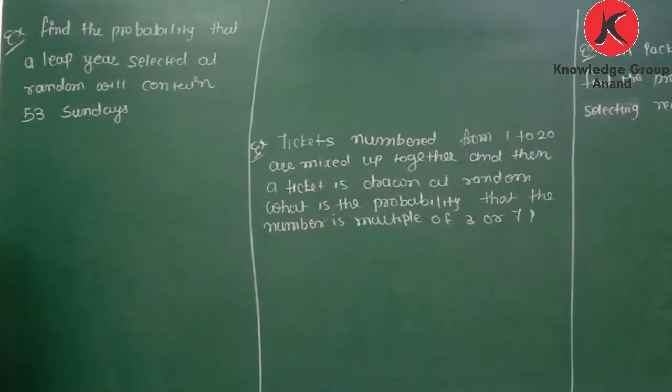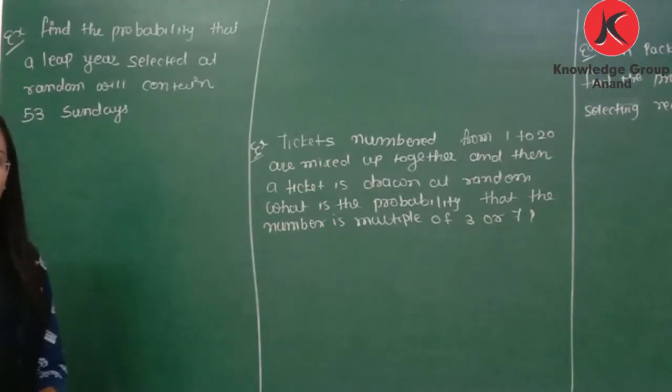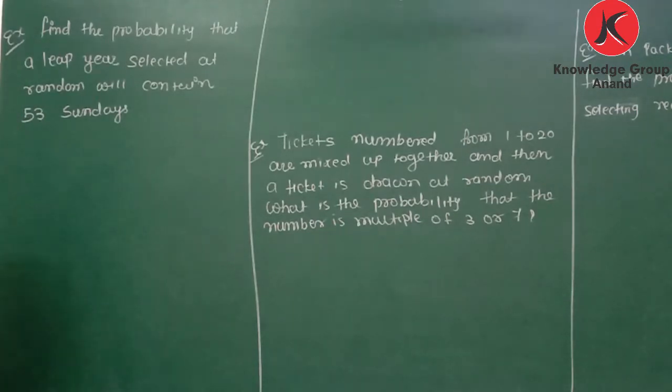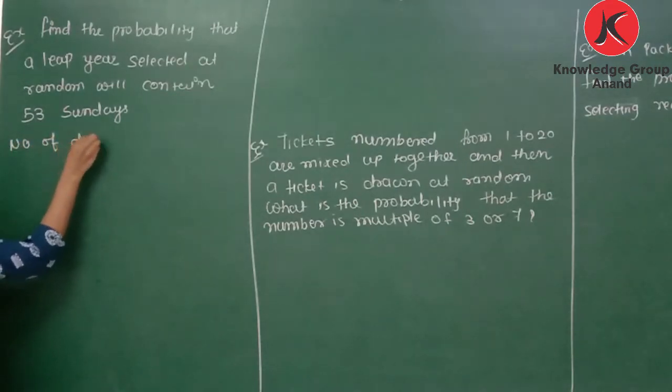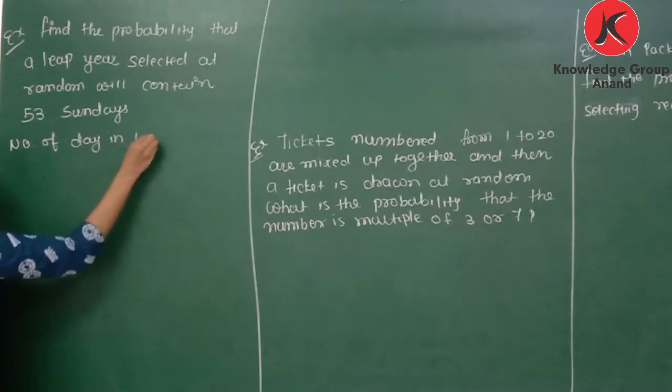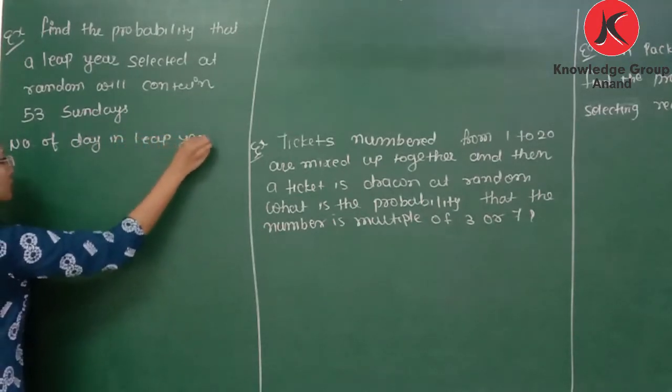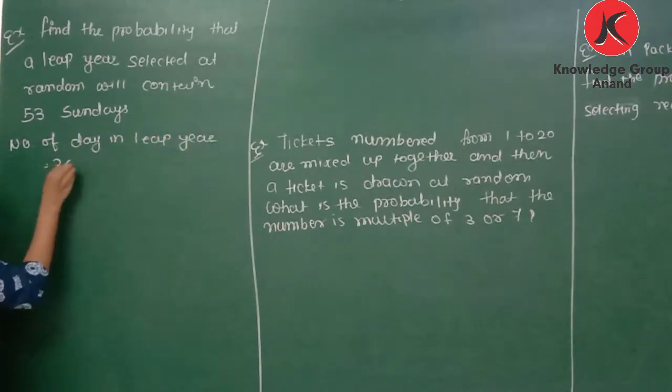Now next, find the probability that a leap year selected at random will contain 53 Sundays. Okay, now how many days are there in a leap year? It is 366. So we can write number of days in a leap year is 366.